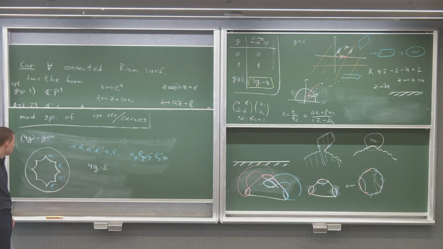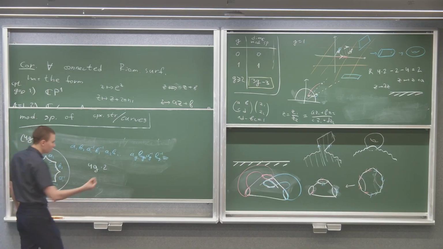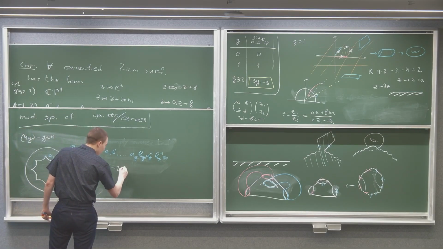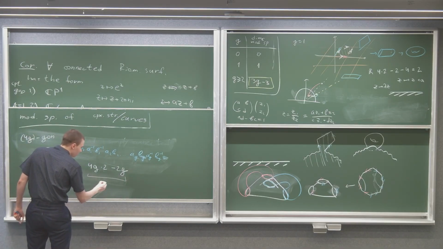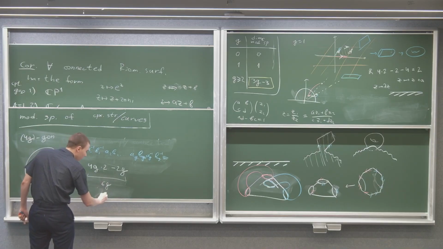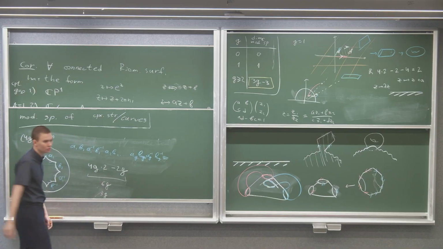That's why we have as many real constraints as we have pairs of sides. But since we have 4G sides, that means we have 2G pairs of sides, so we need to subtract 2G. And here we notice that this is already 6G, or 3G in complex terms.